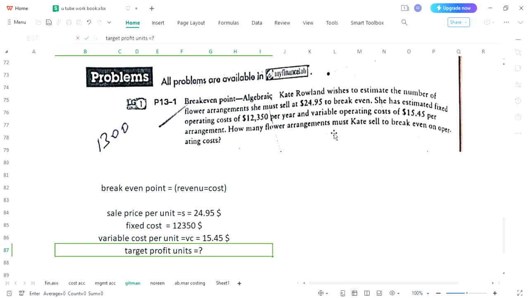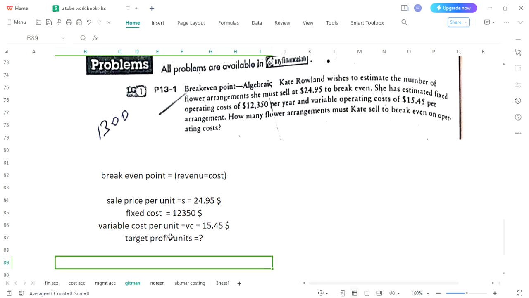Basically these are both directly or indirectly associated with break even point, because the question is how many units should be sold to get break even, and break even has already been discussed. It's a point where there is no profit, no loss. With the help of this we are going to calculate our break even point, and beside this break even point we will calculate the number of units.